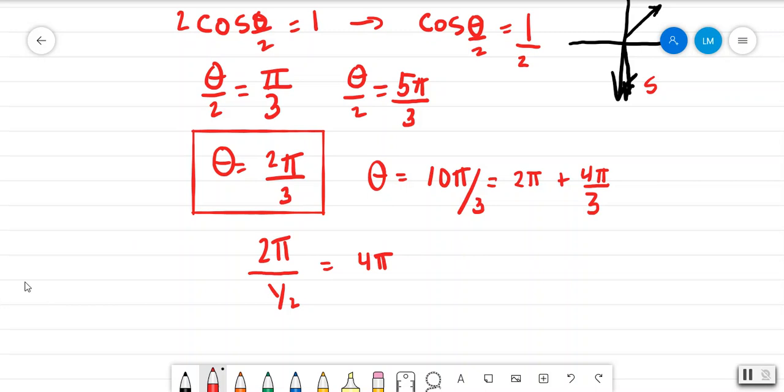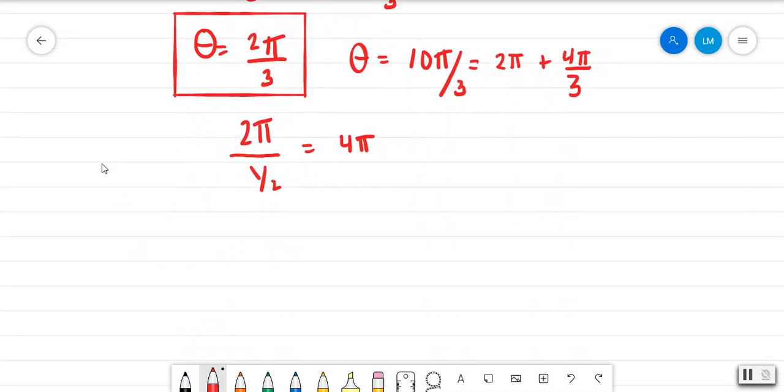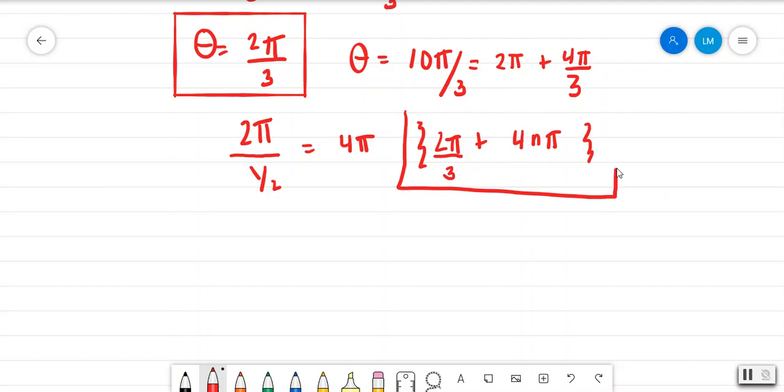What this tells us is that the solution for all is going to be 2 pi over 3 plus 4 n pi. So this is going to be our solution for all solutions, because it's going to reoccur for every 4 n pi rotations.